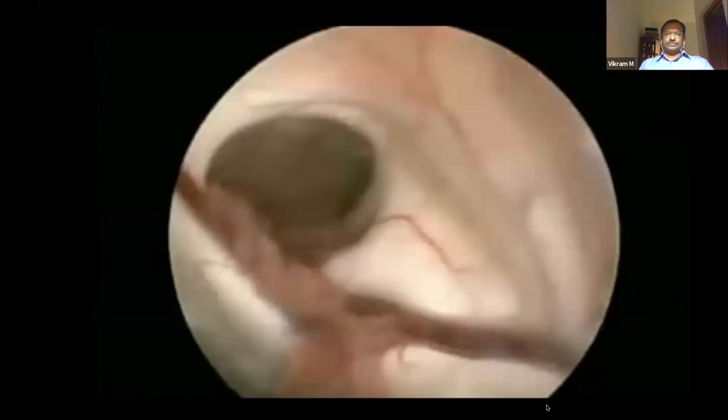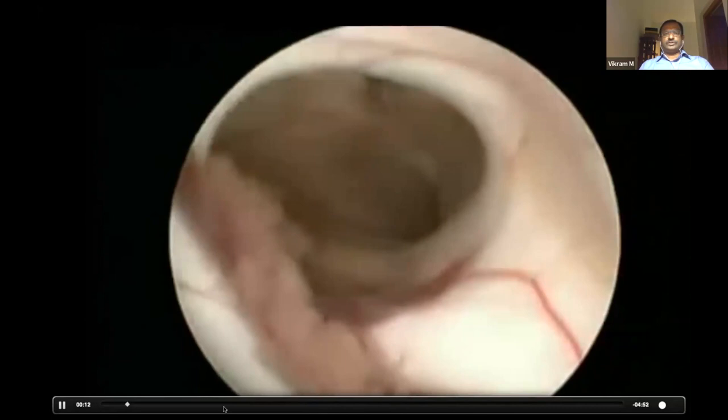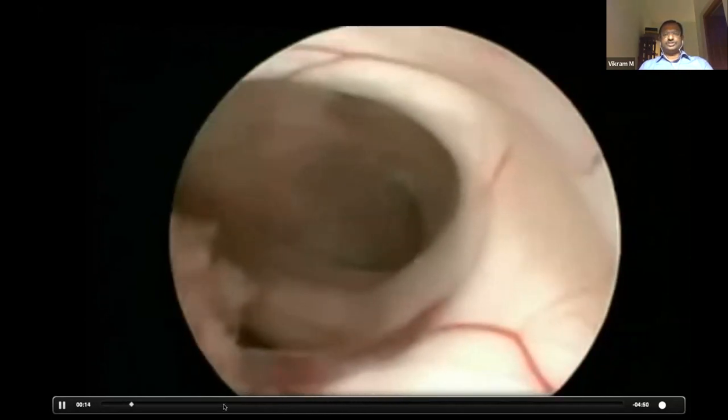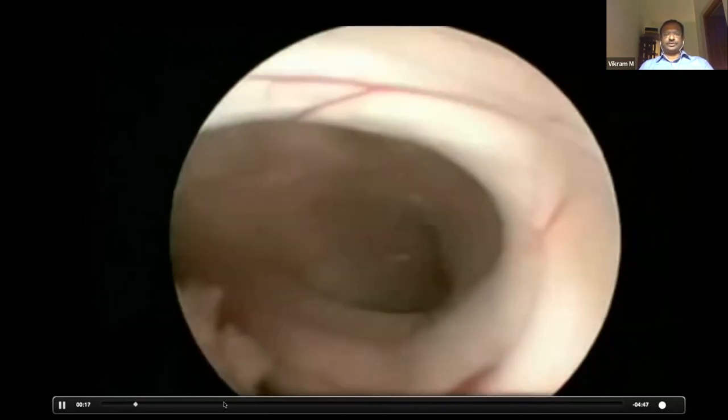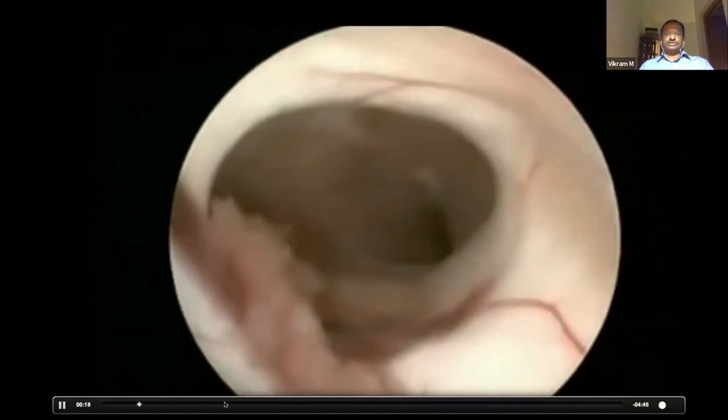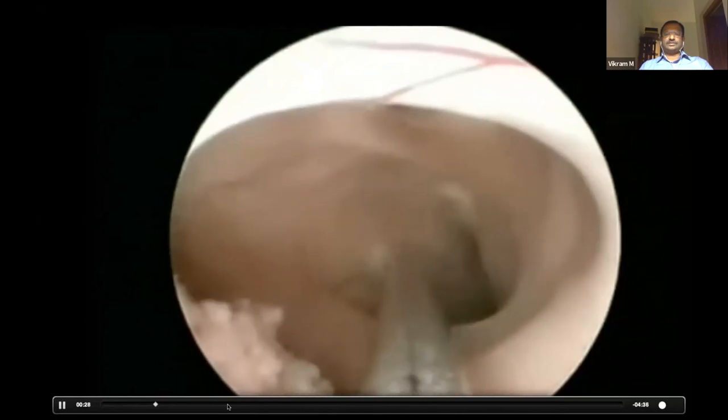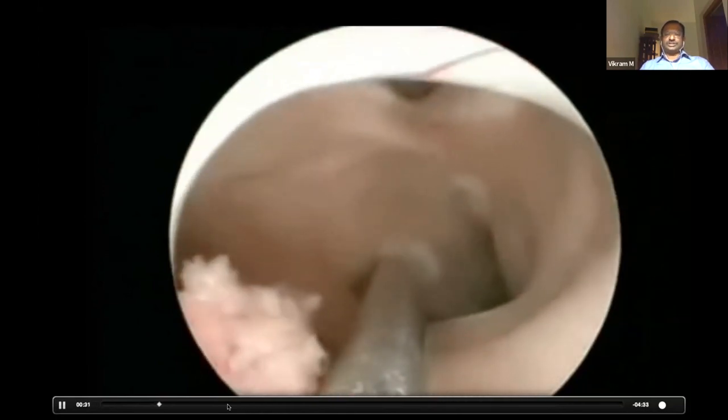So this is a patient who had another arachnoid cyst with obstruction of the aqueduct. So we did third ventriculostomy and cystoventriculostomy, whereby the cyst was communicated into the ventricle and the ventricle was communicated to the base of the cistern, establishing the CSF pathway and relieving the obstruction.